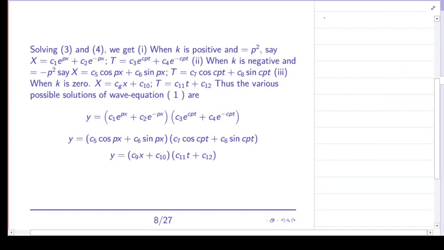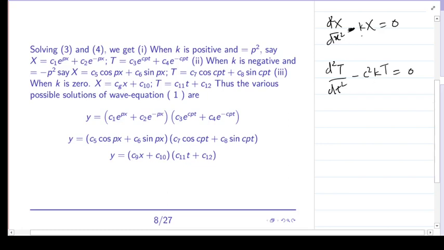For that we take three cases. We have received the differential equations d square X by dx square minus k X is equal to 0, and d square T by dt square minus c square k T is equal to 0.